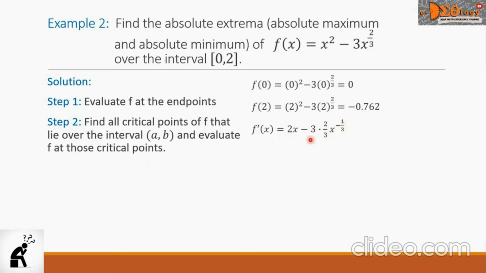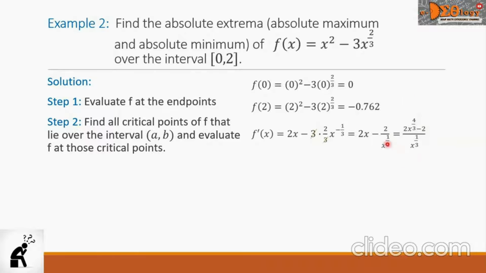We can cancel this 3 and the denominator 3. Simplifying further, our function now becomes 2x minus the fraction 2 all over x raised to positive 1 over 3. Let us combine them into a single fraction. So we have now 2x raised to 4 over 3, then minus 2 all over x raised to 1 over 3.